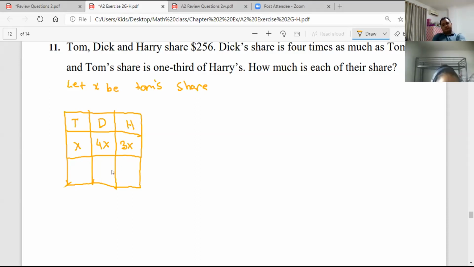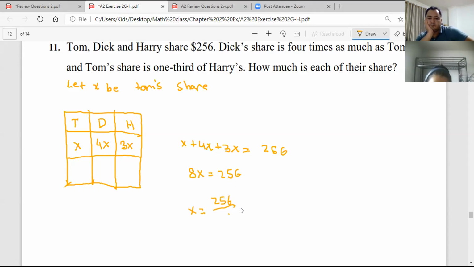I think I got that. x plus 4x plus 3x equals 256. So that's 8x, right? Equals 256.